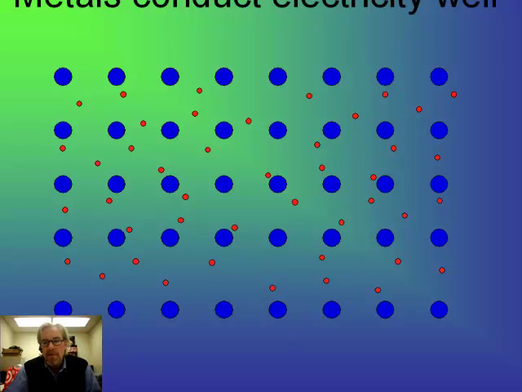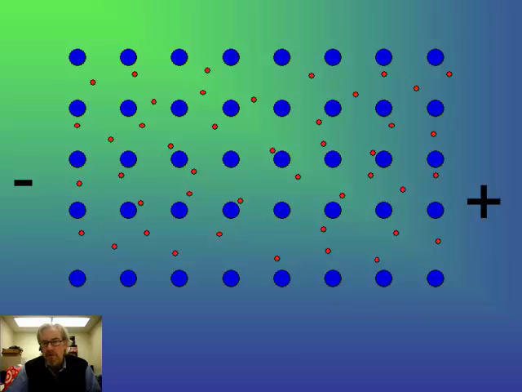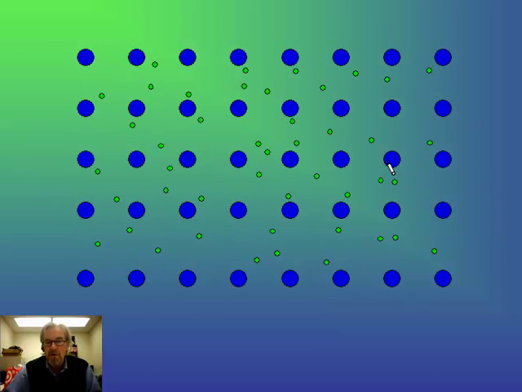If I were to put a minus charge on one side and a plus charge on the other side, in other words, if let's say this is a piece of copper and I hook both ends up to opposite terminals of the battery, well, the electrons in here, all these negatively charged electrons, are going to have a tendency to move toward the positively charged end of this piece of wire. And because they're free to move, here's what happens. They flow towards that end. Now, if that positive charge and negative charge stay there, electrons are going to continue to flow. Electrons will come in from the negative end and disappear on the positive end.